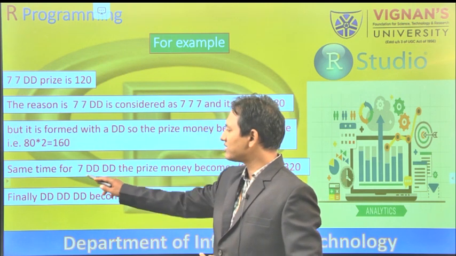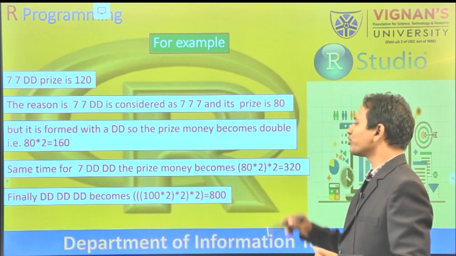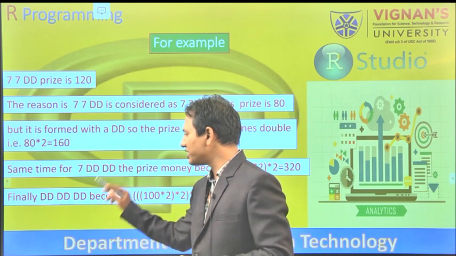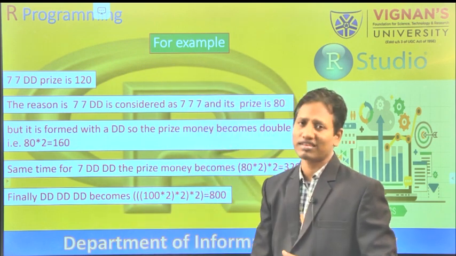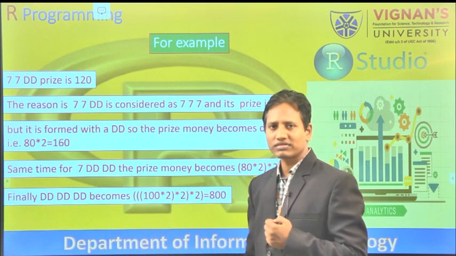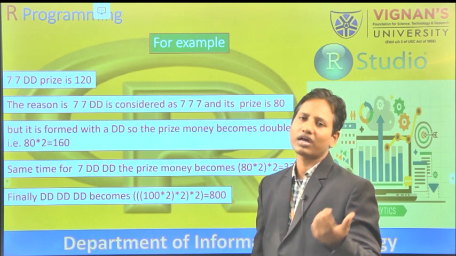And if I see the 7DDD, the prize money will become 80 into 2 into 2, and it is going to be 320. And if 3 times DD you found, this we call it as a jackpot. This is having 100 rupees, and for each and every D we are going to double the amount.